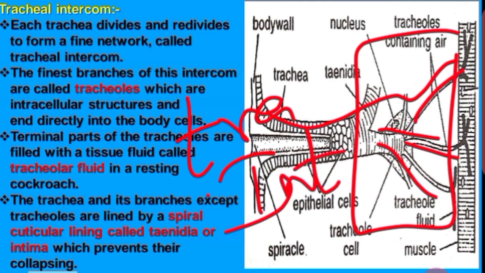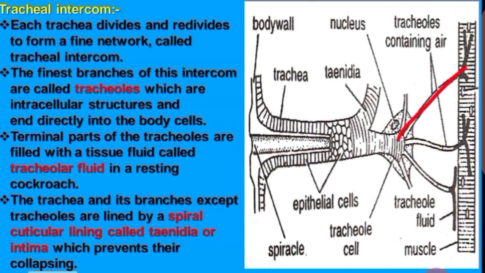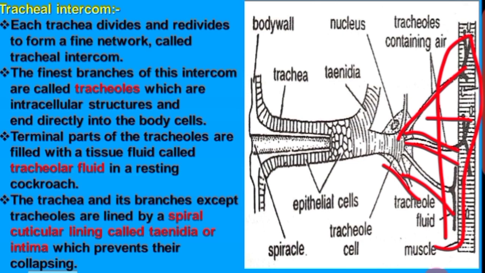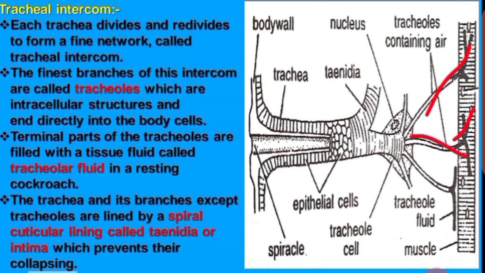The finest branches of trachea are called tracheoles, right? They are intracellular structures because they penetrate inside the cellular structure. Tracheole ends directly, see the picture, directly into the body cells.